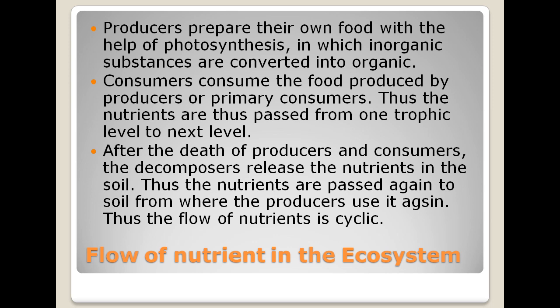These nutrients are again absorbed by the producers, that is, the plants, from the soil. Thus, the flow of nutrients is cyclic. That means the plants take the nutrients from the soil and after decomposition they get them back from the soil. So we can say that the flow of nutrients in an ecosystem is cyclic.